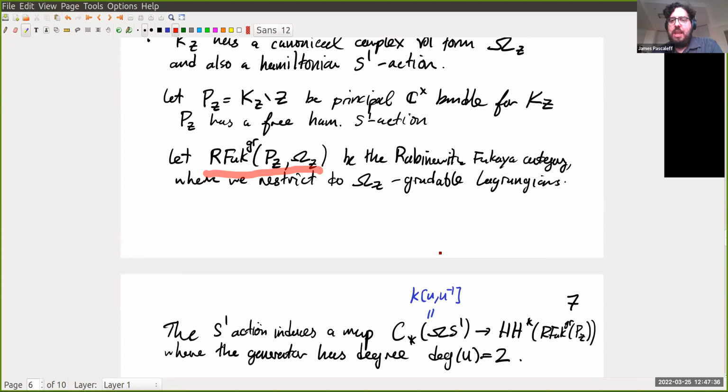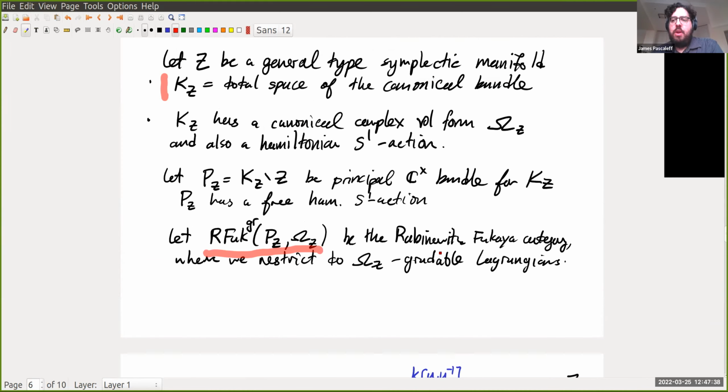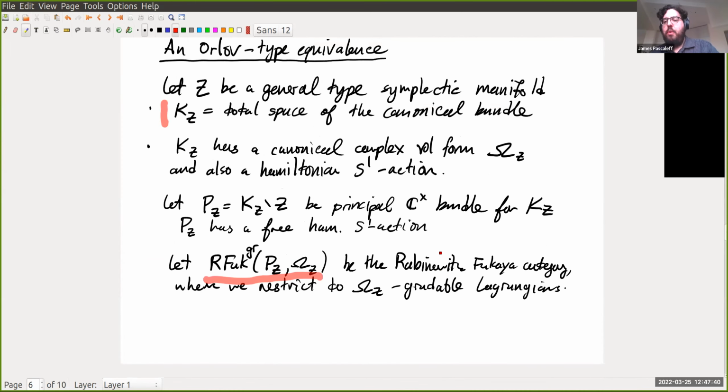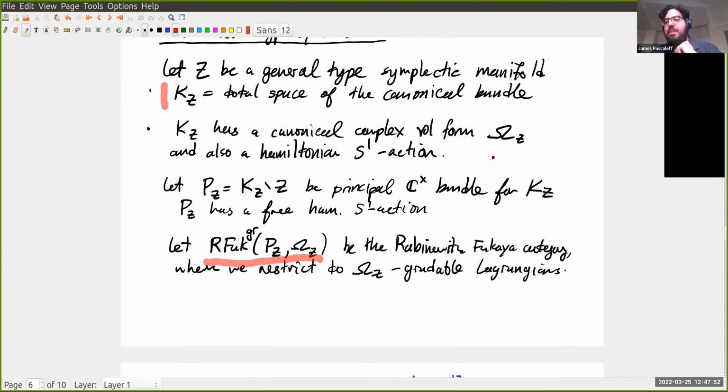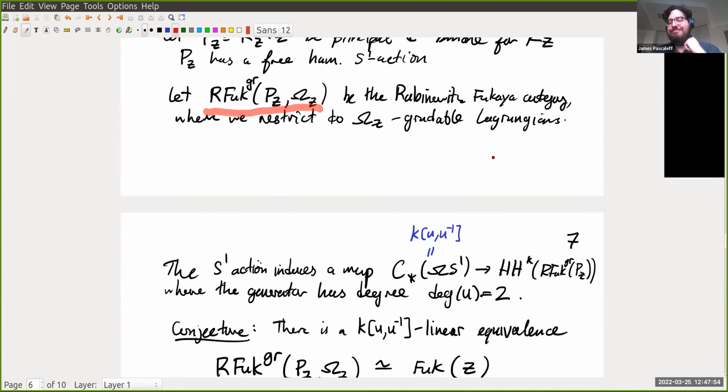That has to do with the way that this holomorphic volume form behaves on the fibers of the canonical bundle, right? If you look at the fiber, the volume form is like dz on C rather than dz over z. So the generating loop of the S1 has degree 2.